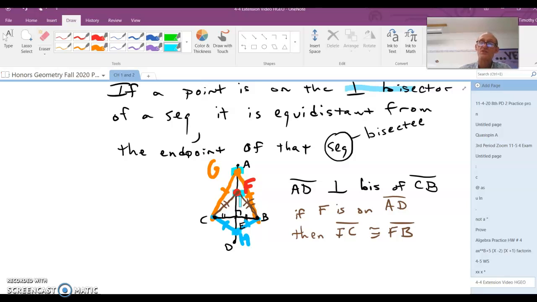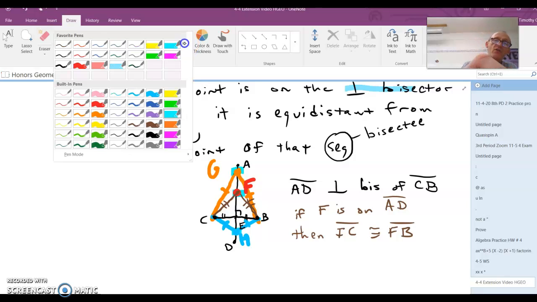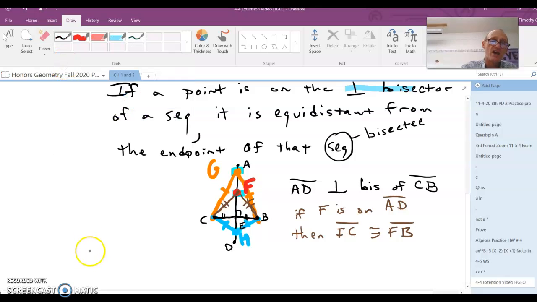Now, the same is true for the converse. So the converse is true.